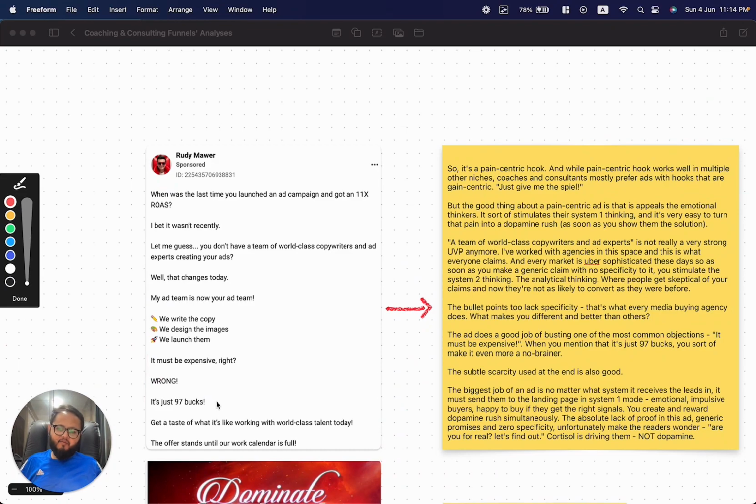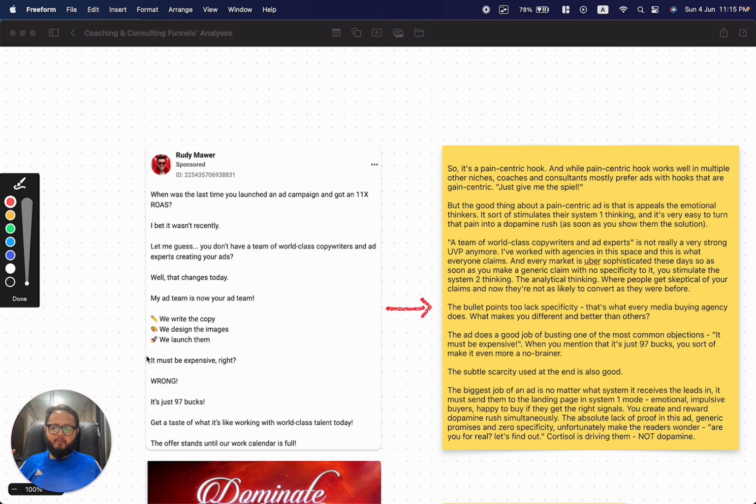Wrong, just $97. Some people launch ads and keep the objection busting for retargeting ads. I would launch retargeting ads, busting objections, answering questions, and that's the wrong way of thinking. You should always be thinking proactively.